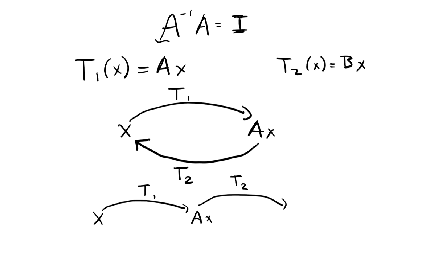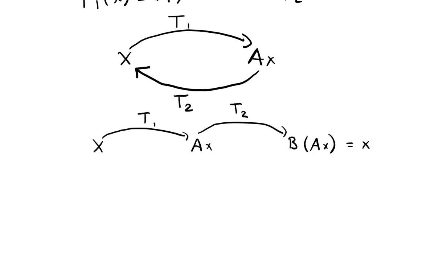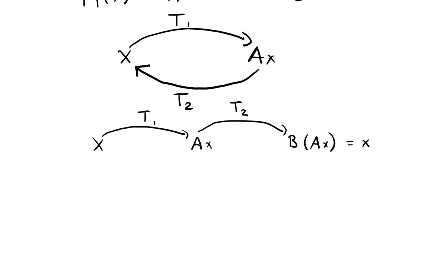So this would be my B here, and I'm going to get BAx. But that's going to have to match the vector x, because remember, if I compose them together, I end up where I was initially. So the question is, geometrically, what would be BA?